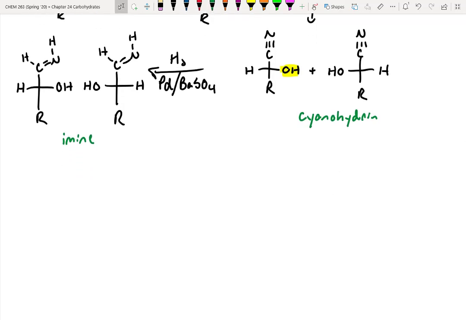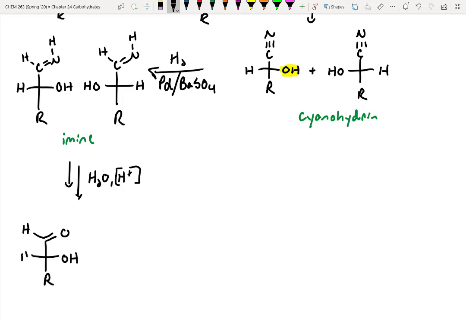All right, so now that we've got our imine, we can hydrolyze this using H2O. I'm not going to go over this whole mechanism, but if you remember, H2O and any sort of acid catalyst will quickly hydrolyze these imines back into their aldehyde form. So we're going to get two new aldehydes out, one where we've got an OH group here, and one where we've got an OH group here.